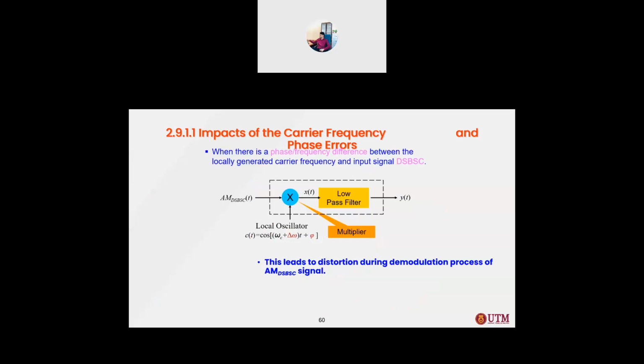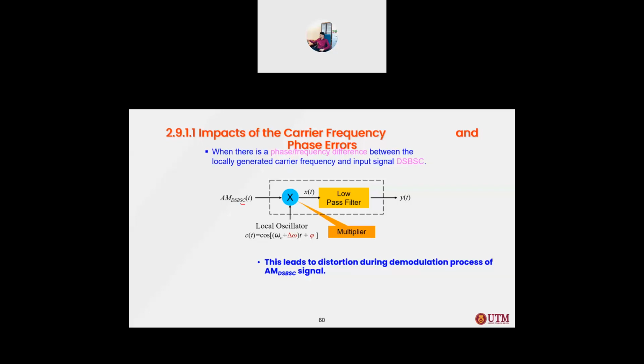So this is the impact of the carrier frequency phase error. This is the same thing for the double sideband suppressed carrier, but let's say we have a phase error. What do we mean by phase error?